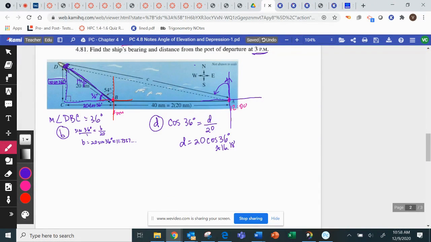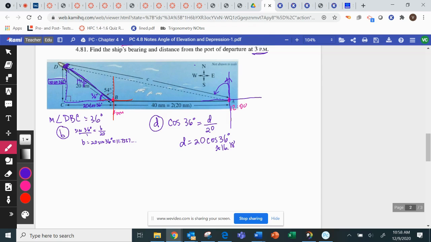Okay, so I have these two sides. My ultimate goal is I'm getting C. C is part of a big right triangle. I have the height of that big right triangle.